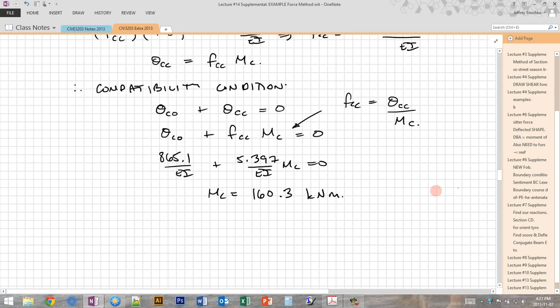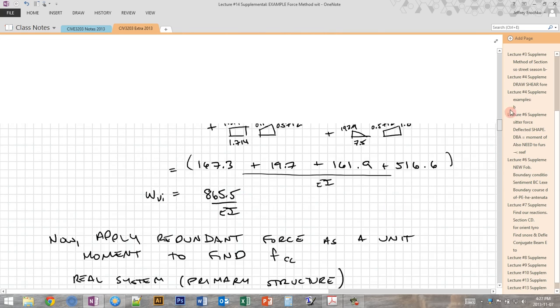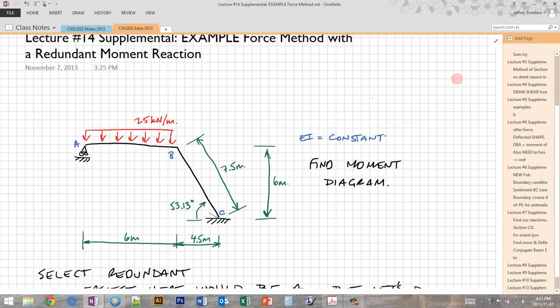And so all of that work that we did was basically to determine one of our reaction components. So we released the moment reaction here, and we went through all of those steps, finding the rotation due to the external load, finding the equivalent rotation due to the redundant that we removed, just in order to find the moment reaction at C. And now we've done that.